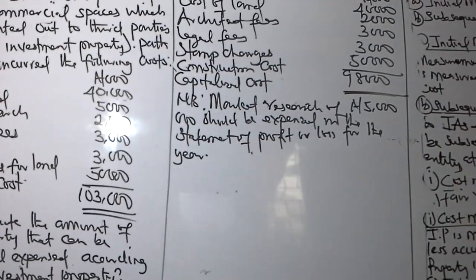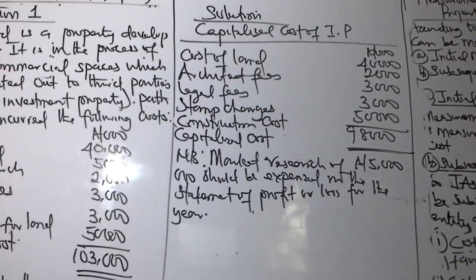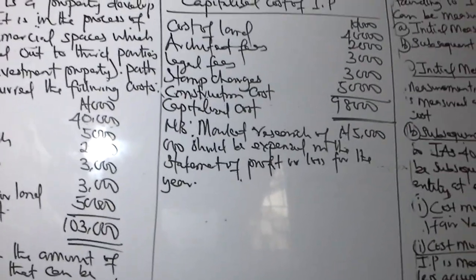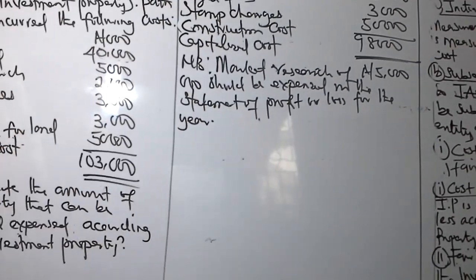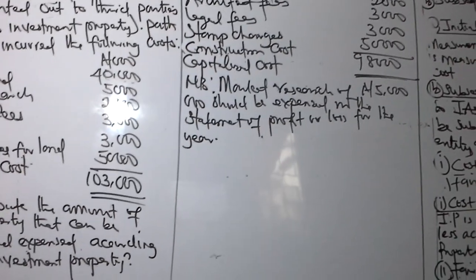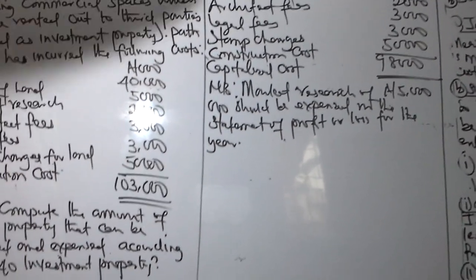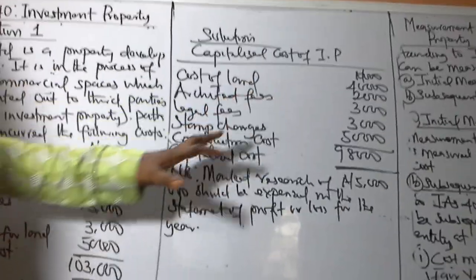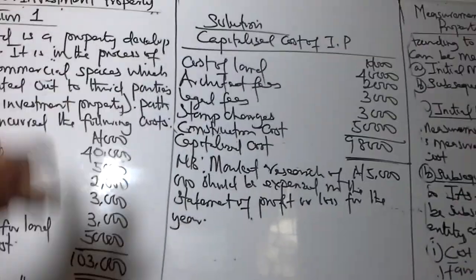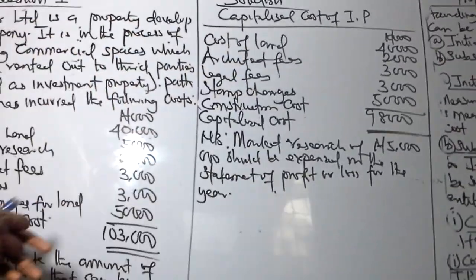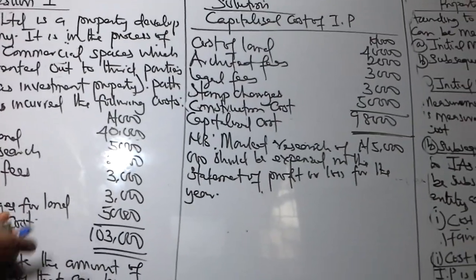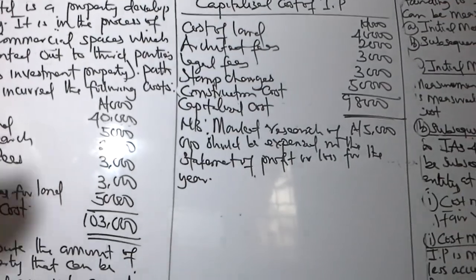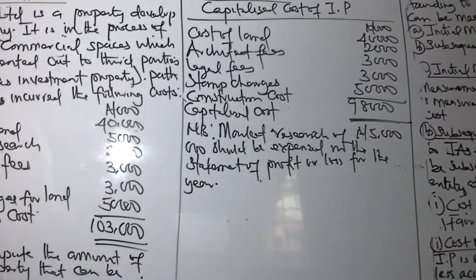So you are going to expense market research. It is a non-capitalizable expense. So what we have just done is to show us how to determine the initial cost of the investment property. So this is the cost at initial measurement.